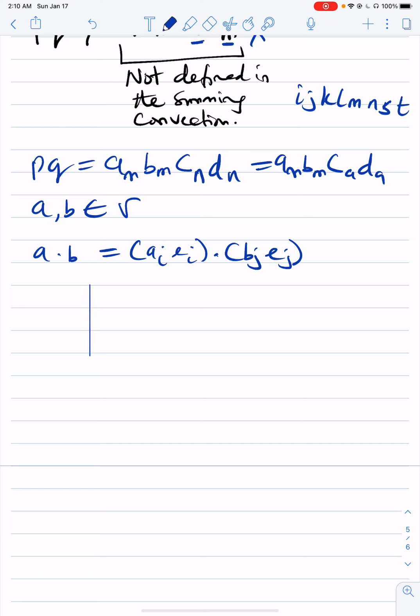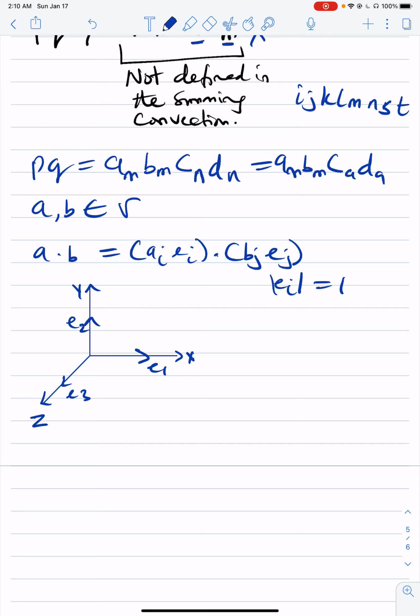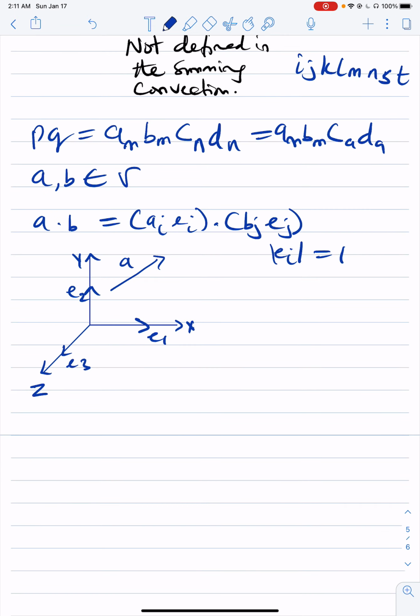By component, I mean if you have a vector, let's draw this. Let's assume X, here's Y, here's Z. So e_1, e_2, e_3. These are unit vectors, right? So if this is A, the vector A, there's a component of A in this direction, which is A_1, one in this direction, which is A_2, and down in this direction, which is A_3.